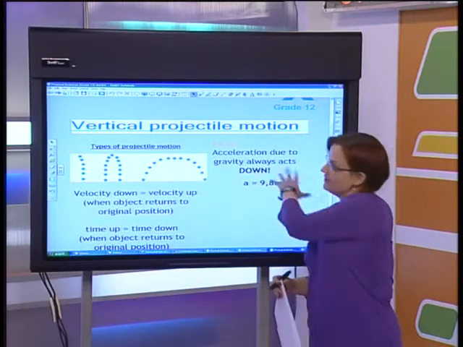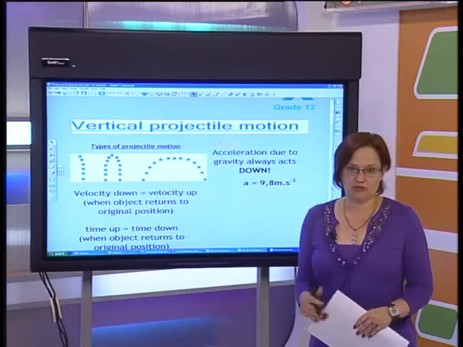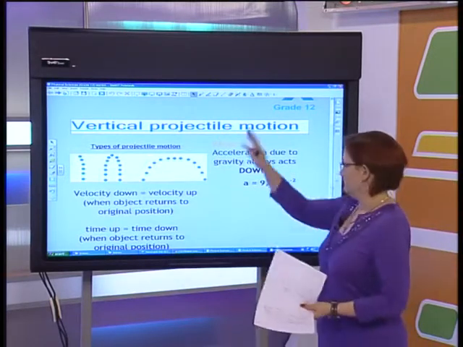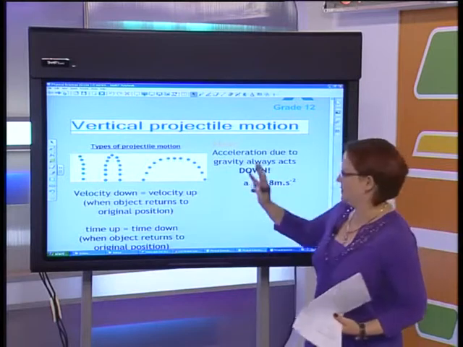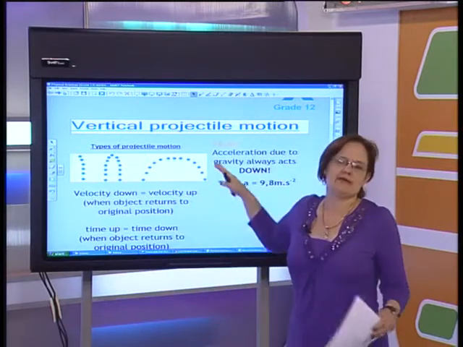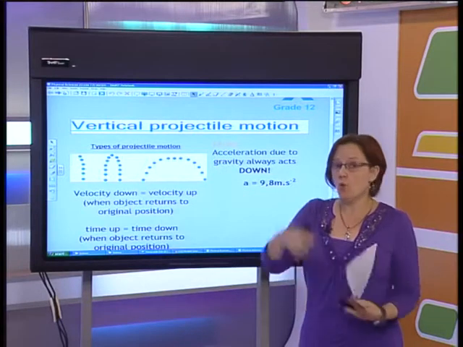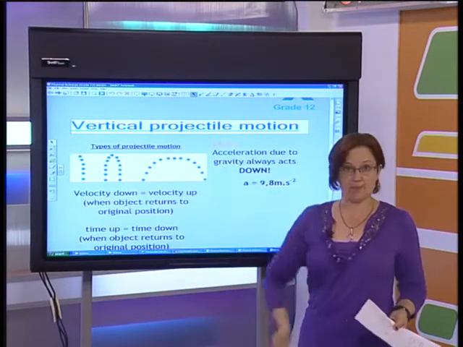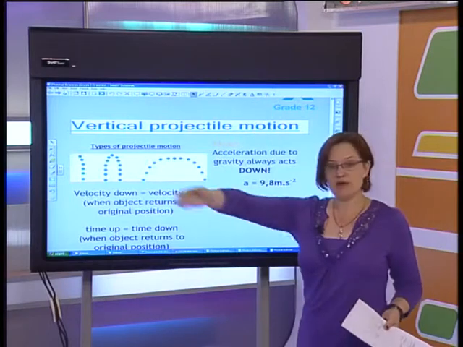Okay, guys, like I said earlier, we're going to look at vertical projectile motion. Projectile motion has three ways that we can show it. Essentially, we're looking at motion that's going up and down. We're forgetting about horizontal now.